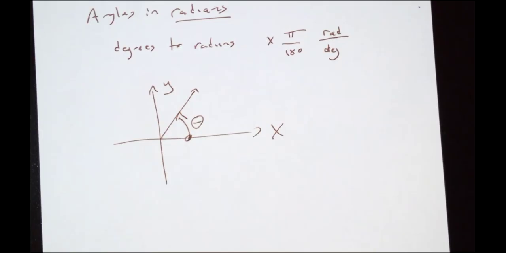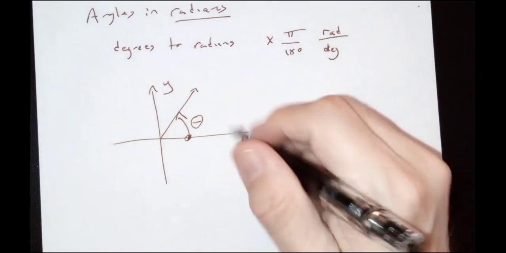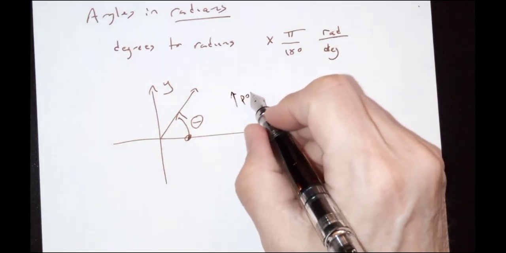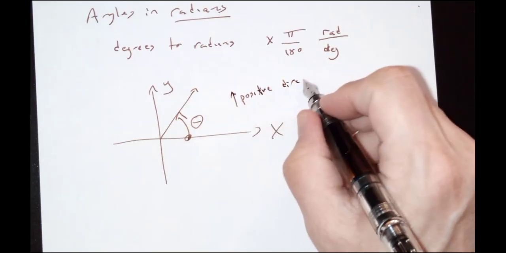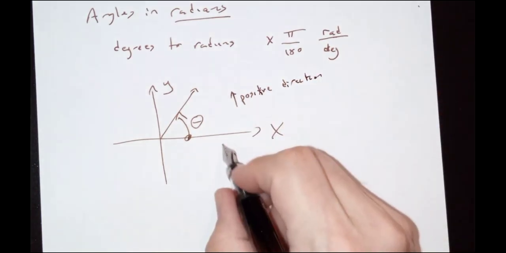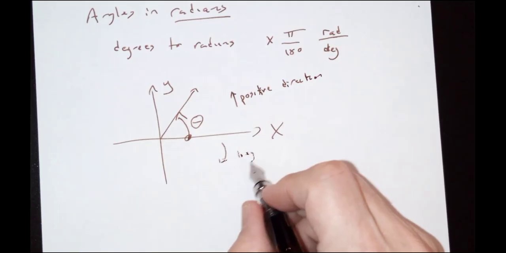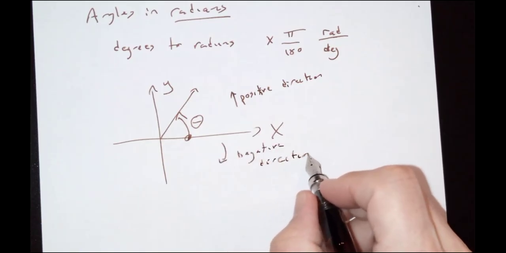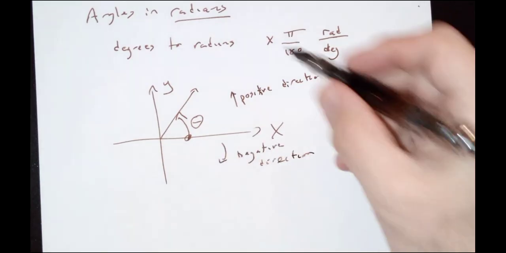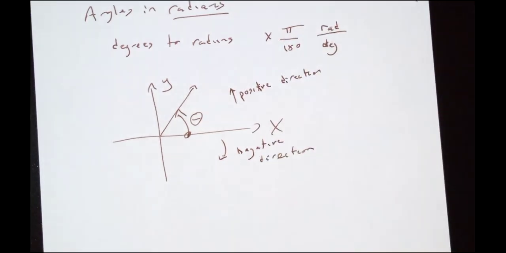I don't. This is my angle theta. It's measured in this direction positively. That means that this direction is negative. So counterclockwise is my positive direction.